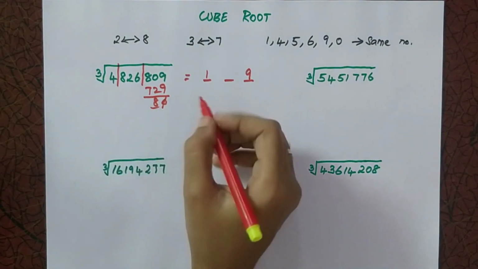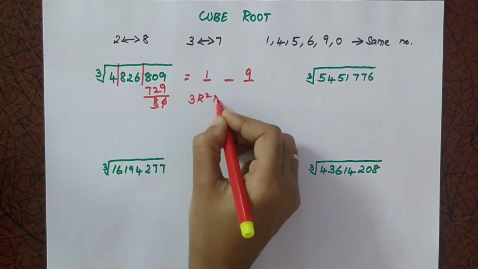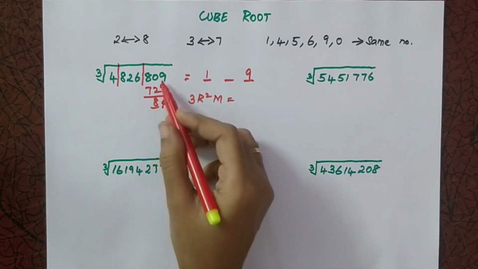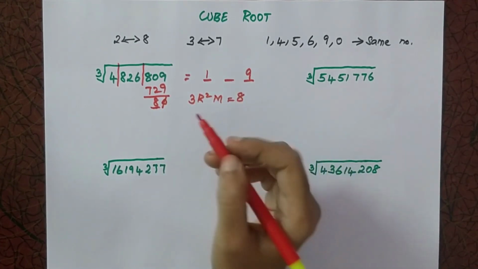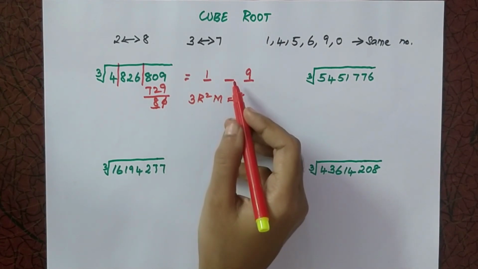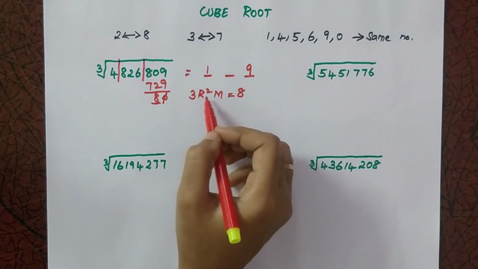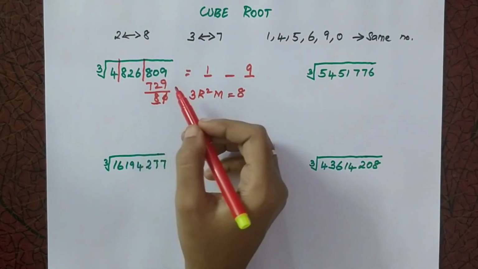For finding the middle digit, we have one formula: 3r square m equals the difference between these numbers. It is 8. Now m is the middle digit which we have to find. Here r is 9 because we are considering the cube of the last digit to find the difference.